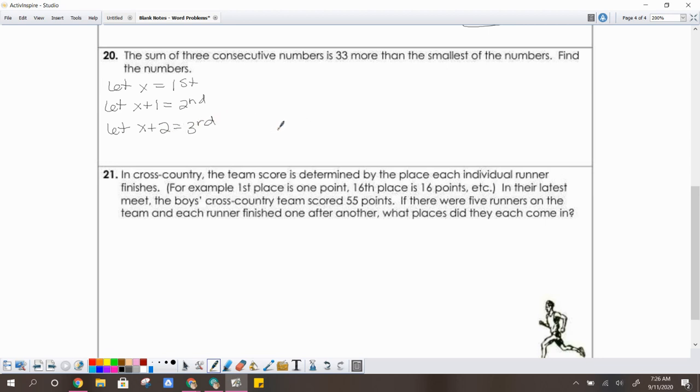Okay, and then we're going to go ahead and set up our equation. So we have x plus 1 plus x plus 2 equals, and it says the sum of those numbers is 33 more than the smallest of the numbers. So 33 more than the smallest would be x plus 33. Now we can go ahead and combine our like terms.